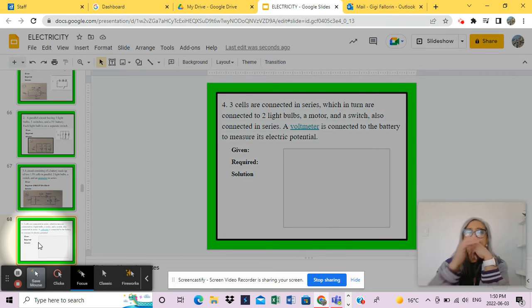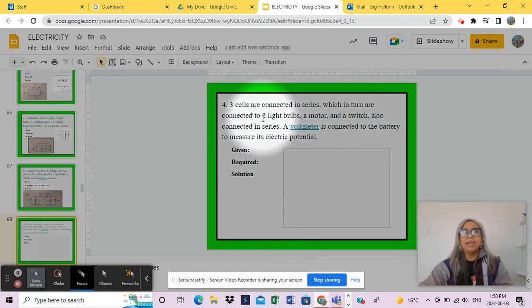So number four. Now, interesting. So what do we have here? Three cells are connected in series. So here, for instance, so under given three cells, so how would you represent that?